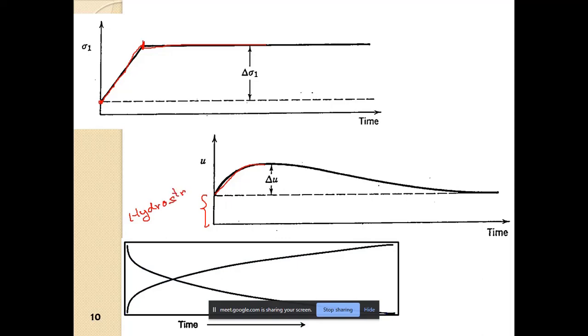Right, so this amount, which is equal to U, or Ui we can say here, and this additional region of increase of pore water pressure, we call it excess pore water pressure.